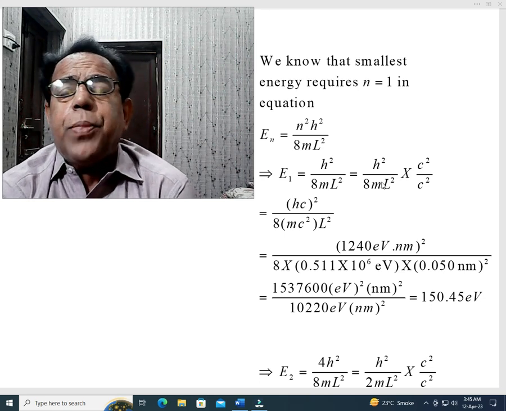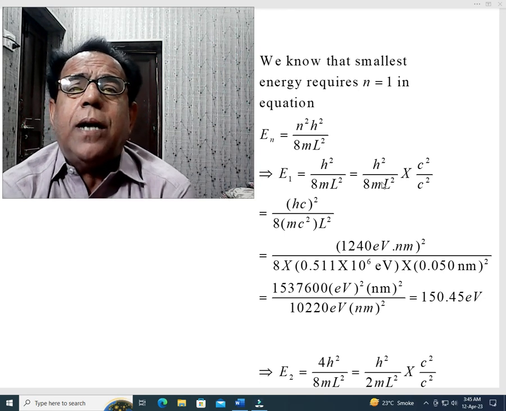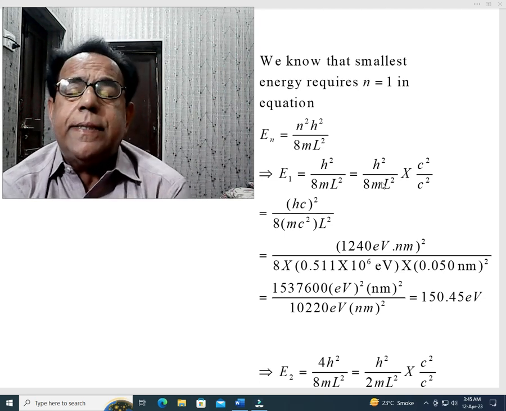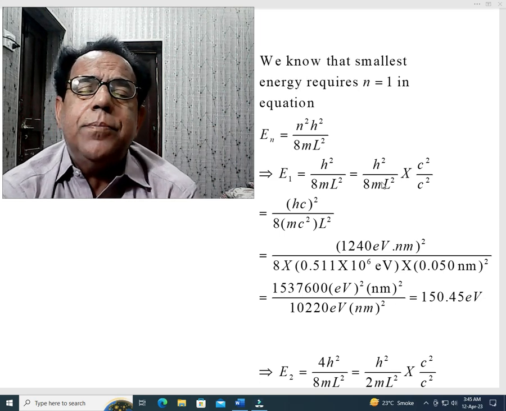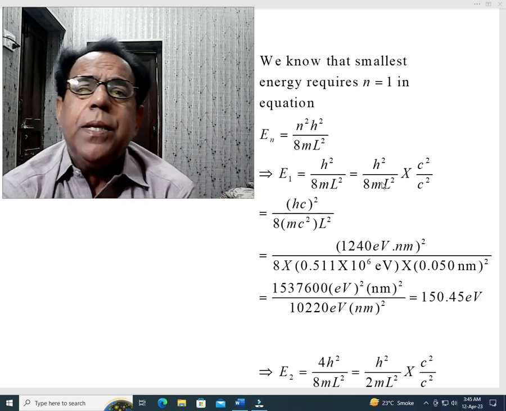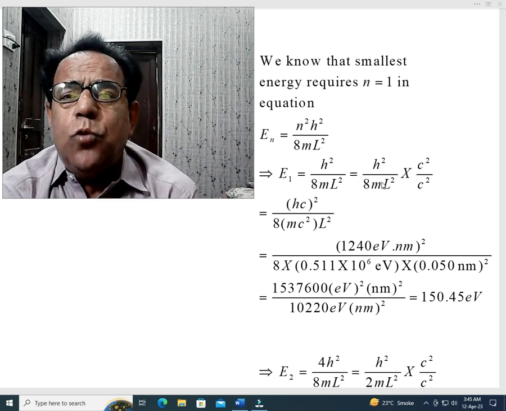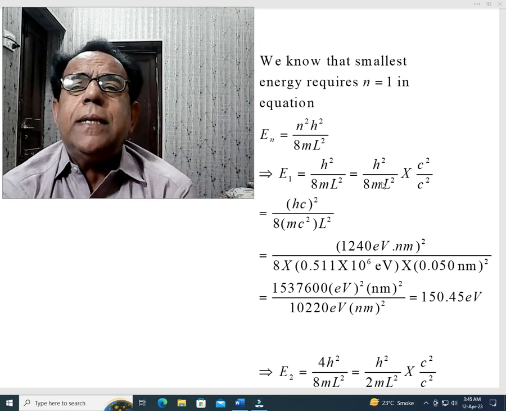We have not separately used the values of Planck's constant h and speed of light c. Rather, we have taken the combined result, that is, after multiplying both of these, the result becomes 1240 electron volt nanometer. So we have used that combined value.